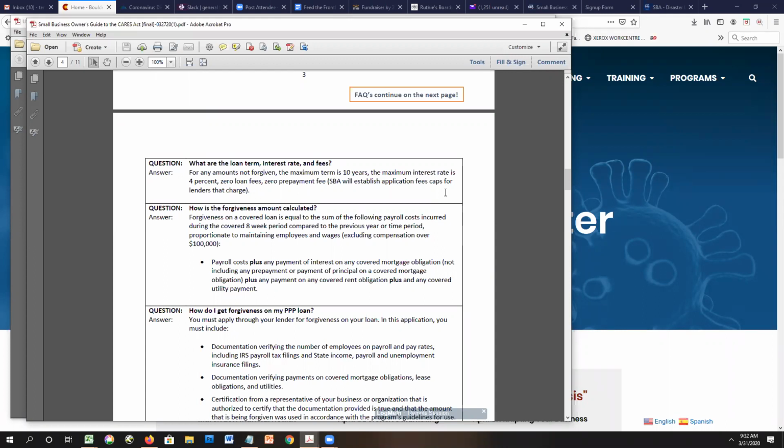Thank you. Can you also clarify on the PPP, do employers have to keep all of their employees to qualify? Yeah, there is a reduction that's proportional if you don't keep on all your employees.